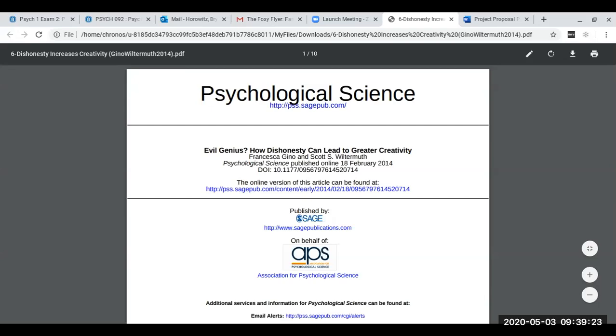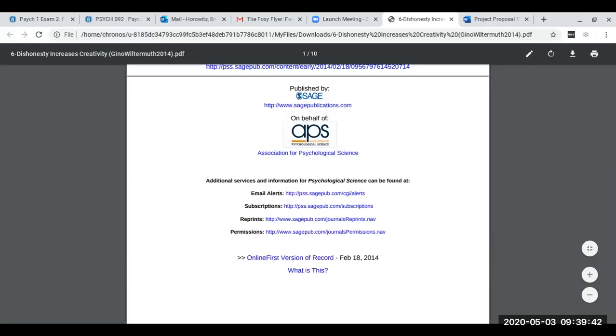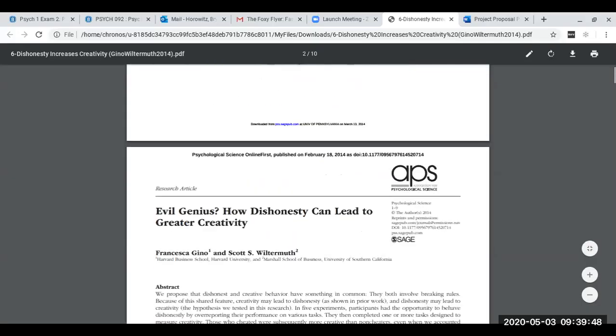Well, stick around and we'll talk about it. Evil Genius: How Dishonesty Can Lead to Greater Creativity. Francesca Gino and Scott Wiltermuth, from February of 2014. The publication is on behalf of APS, which is the Association for Psychological Science. So let's get into it.